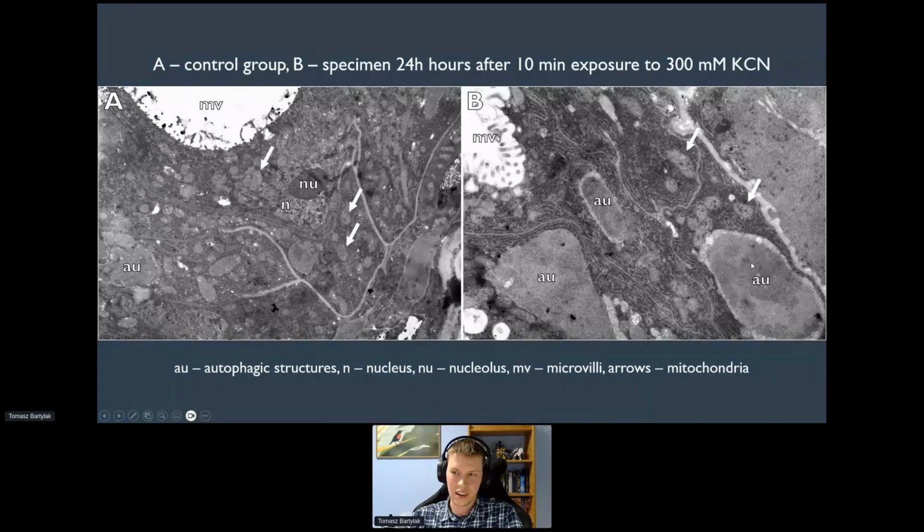Here it is unfortunately not very well visible. Here those arrows indicate mitochondria. But this poisoned animal, even though it was outwardly perfectly fine, had some serious issues going on in its cells. And it's very likely that those may be contributing to the later death of those animals in this long-term effects test.